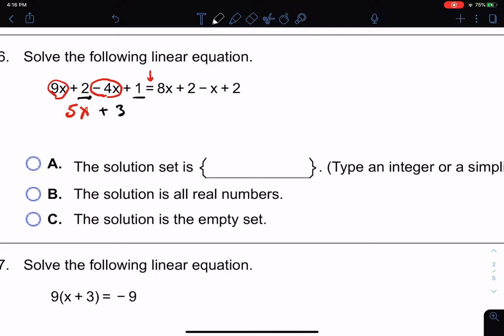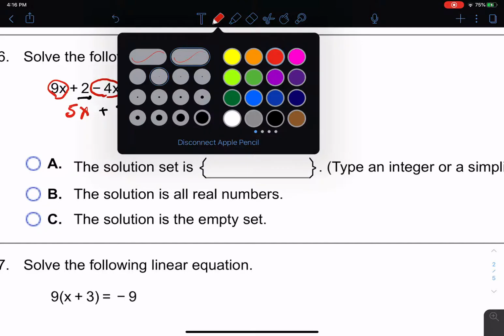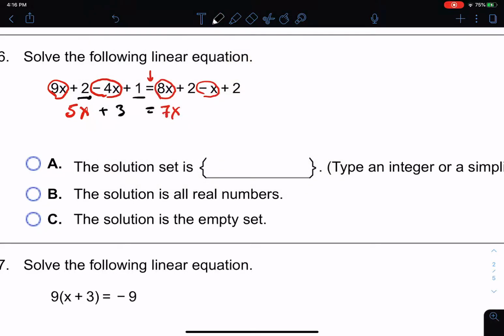That's called simplification. On the right-hand side, we're going to do the same thing. I have like terms. I've got 8x's here, and I've got a -1x here, which gives me 7x. And 2 plus 2 is 4.